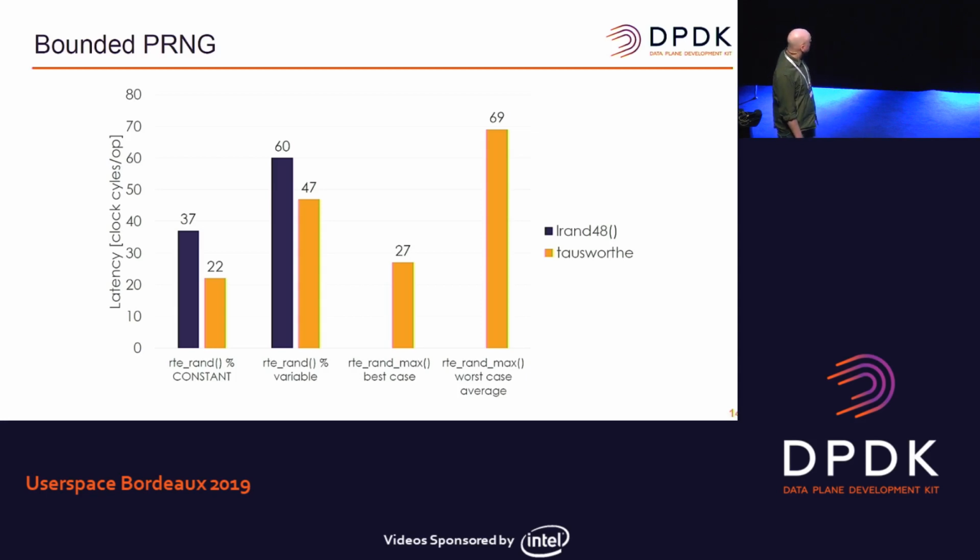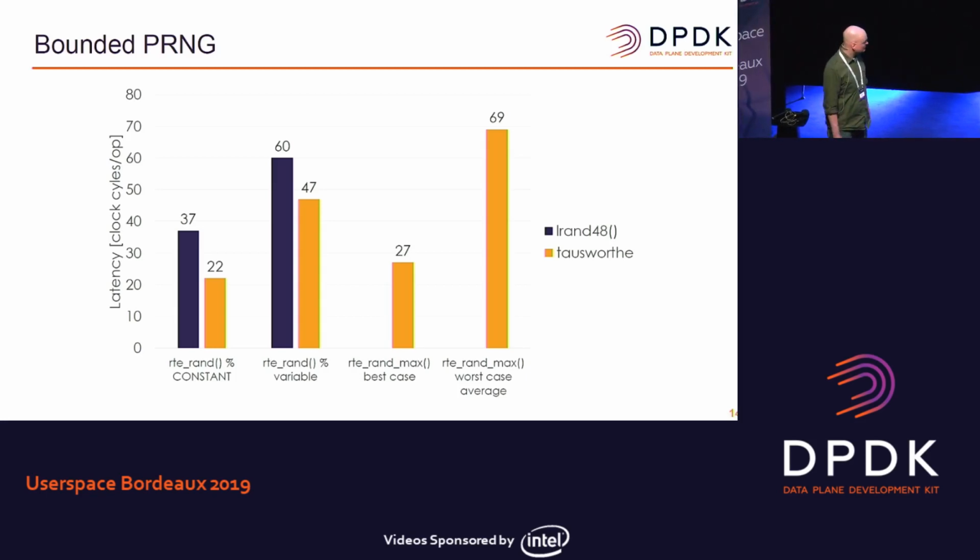As you can see, constant is cheap. If you have a variable upper bound, so a runtime variable, then it's going to go up, and this is because of the div instruction which I mentioned. And then we have rte_rand_max, the best case, which is pretty cheap.